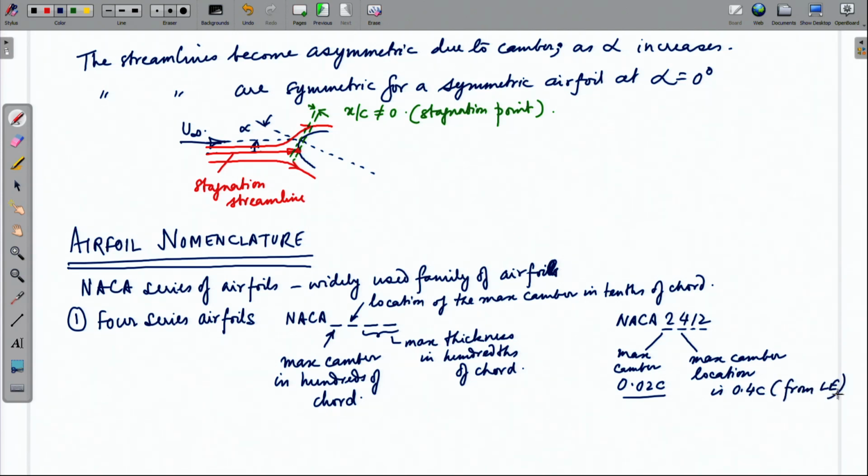So, if you go 40% of the chord, that is where you find the maximum camber, and the maximum thickness of the airfoil is 12% of the chord, because it is indicated in terms of hundreds of chord. So, that is the nomenclature we follow for 4 series airfoils.